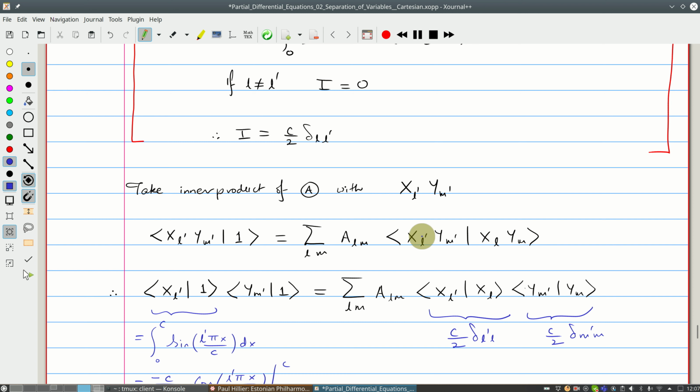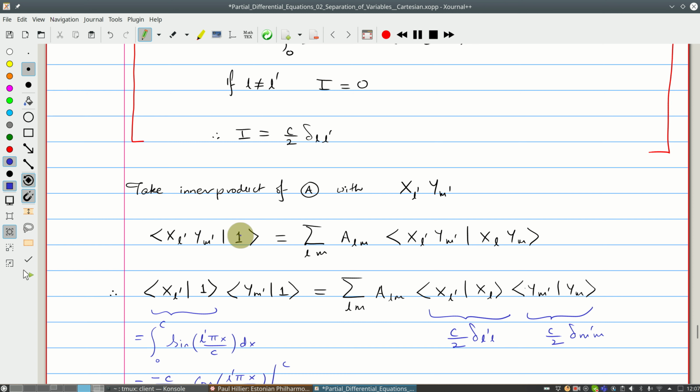Now you can perform these manipulations using Dirac's notation, or you could keep to the integral notation if that's what you prefer. If you're unsure as to what I'm doing and how it's working, then stick to the integral notation and just take your inner products using the integral form. But if you're comfortable with the Dirac notation, what you can see here is that this can be split into an inner product for the x coordinate only times an inner product for the y coordinate.